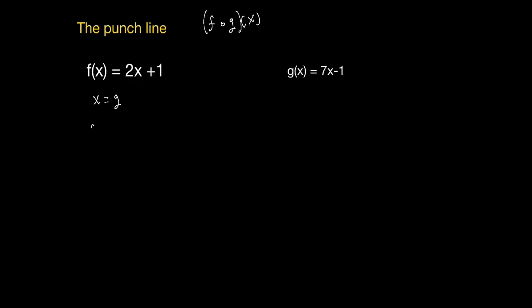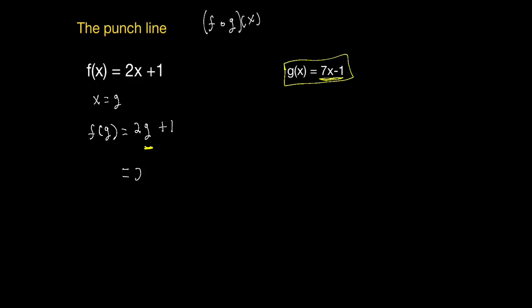So here, f of g, everywhere we see an x, we replace it with a g. So we have 2g plus 1. But now we're going to apply our amazing substitution skills, because in this scenario, g is actually equal to something. It's equal to 7x minus 1. So we're going to apply that substitution.